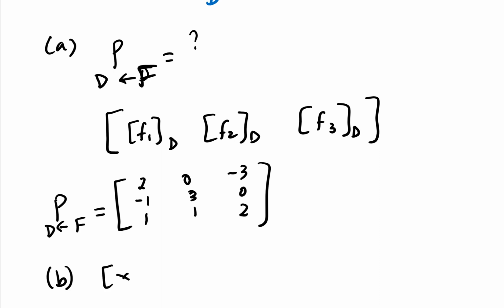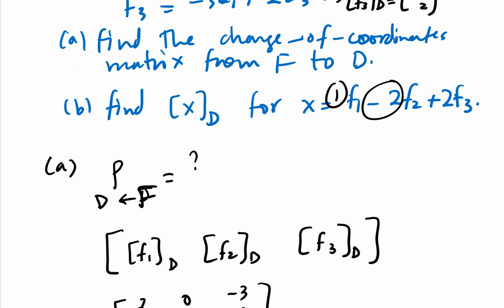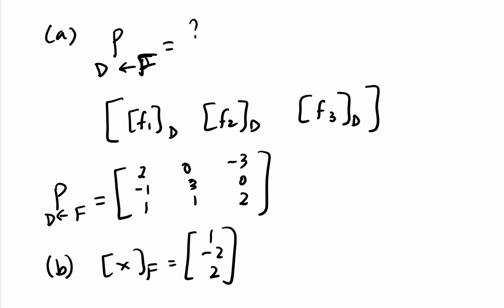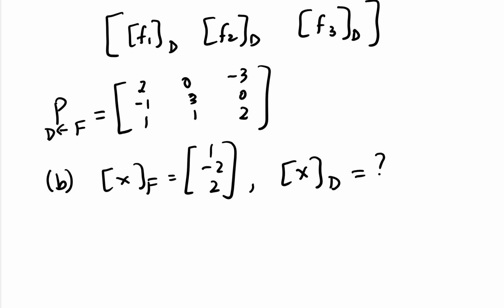They give us X in the basis F: 1, -2, 2, right? From here, 1, -2, 2. And we need to find the components of X in the basis D. How do we do this?